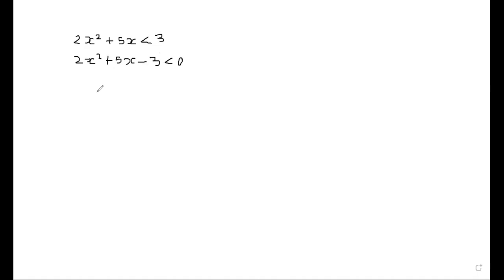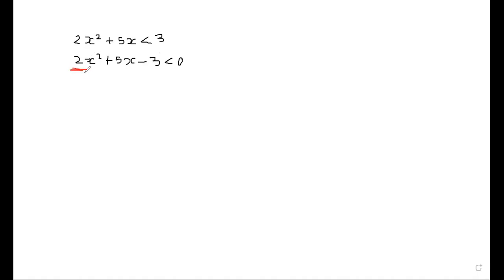Okay. Now we need to do what? Now we need to factorize this. How do you factorize this? So now this is what I do. How do you factorize when a here is not 1?